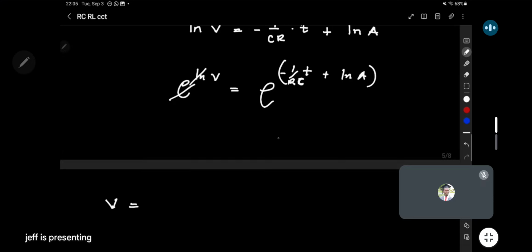On the right side, if you have a to the power x plus y, this is the same as a to the power x multiplying a to the power y.